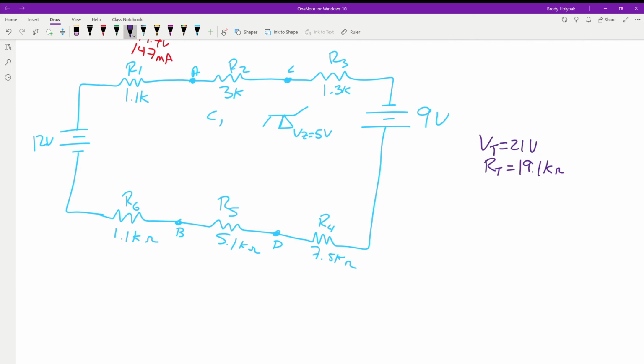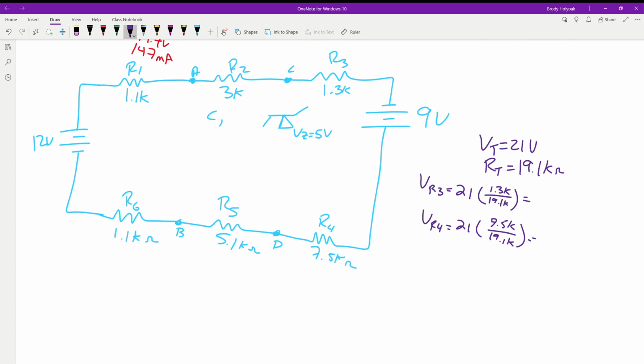Now we need to solve for the voltage drops across R3 and R4 in this configuration. VR3 is equal to 21 volts times 1.3K divided by the 19.1K. VR4 is equal to the 21 volts times the 7.5K over the 19.1K.